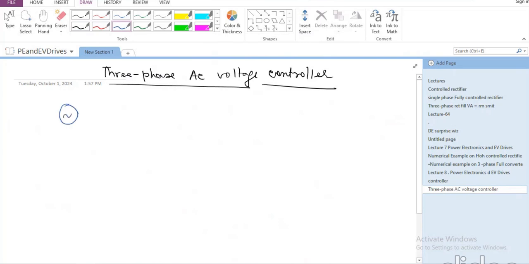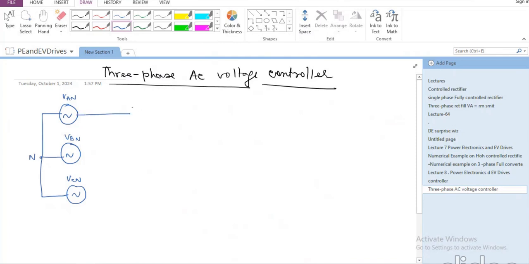So let us say this is A phase voltage, this is B phase voltage, and this is C phase voltage, and I'm taking up a star connected source. So this is, let us say, VAN, this is going to be VBN, and this is going to be VCN, each of the phase voltages, and this is the neutral.